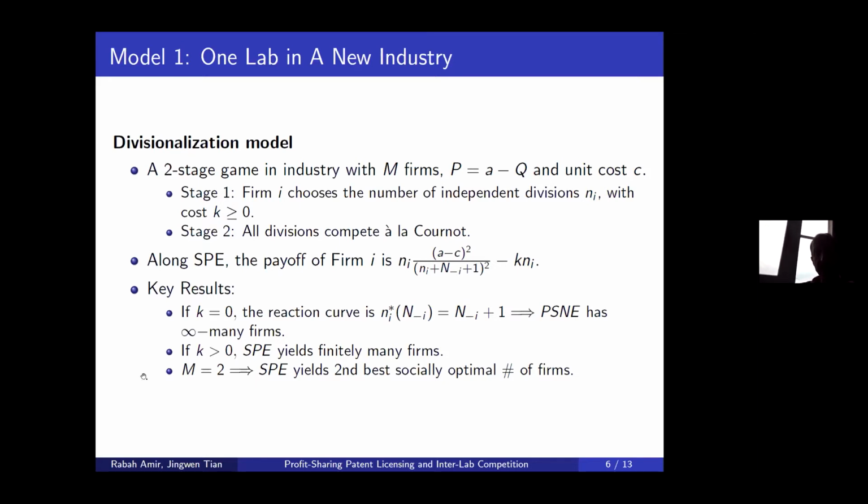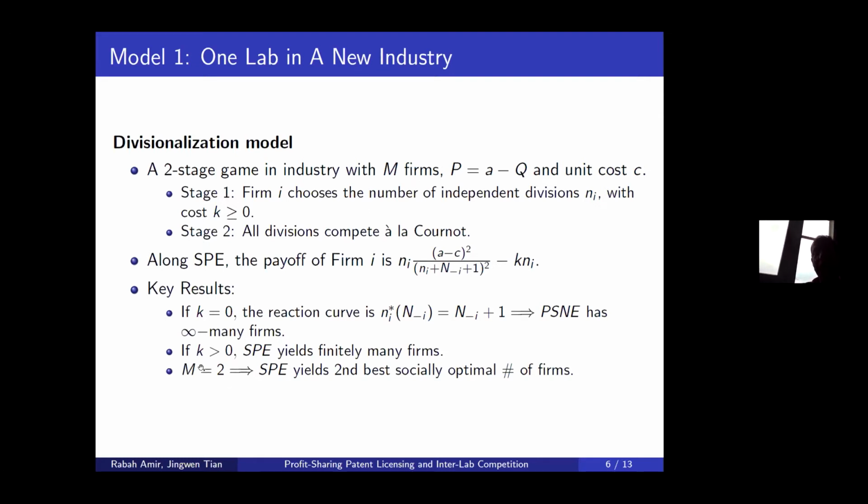Another result of this literature on divisionalization is, if M is equal to 2, remember, M is the number of labs. Here I'm basically reviewing the divisionalization literature where these are mother firms. But in our model with licensing, a mother firm is just a lab.